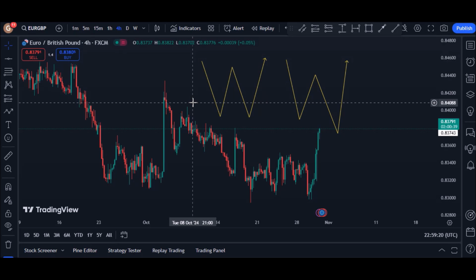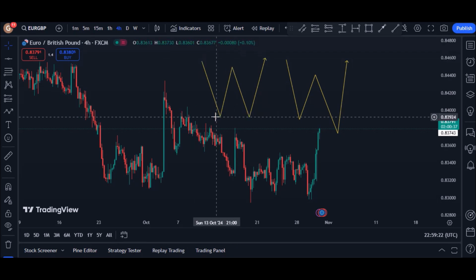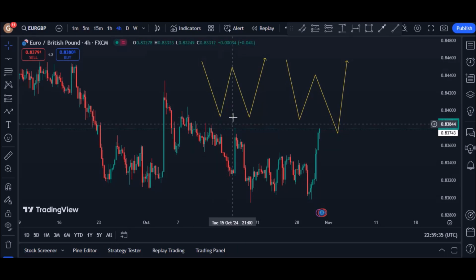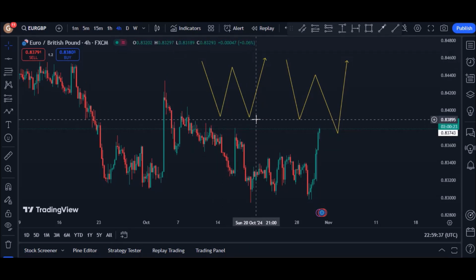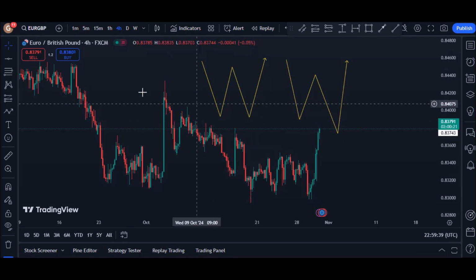But if you understand liquidity concept, you know that price has made a double low, and some traders will think that that is a strong support, and so they will look to place their stop loss below these lows.